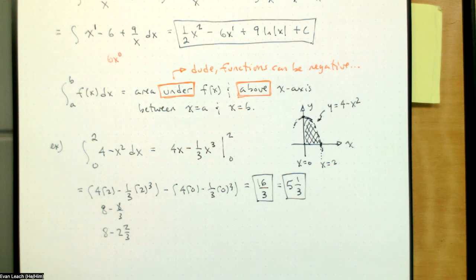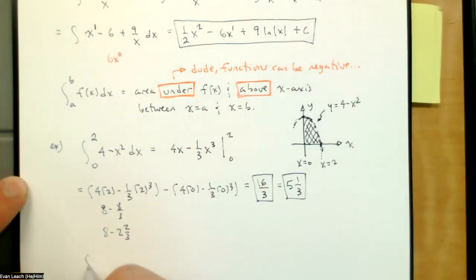But what happens here is that after 2, this function goes negative. Let's see what happens. Let's suppose that I wanted the integral from 0 to 3, 4 minus x squared dx.